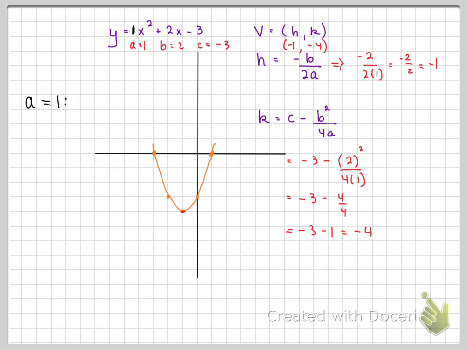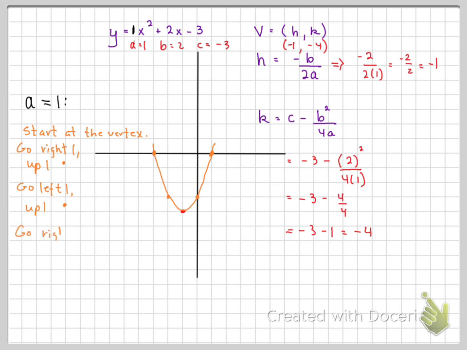So, when a is equal to 1, start at the vertex. Go right 1, up 1, make a dot. Go left 1, up 1, make a dot.